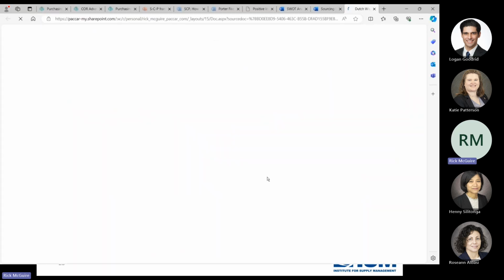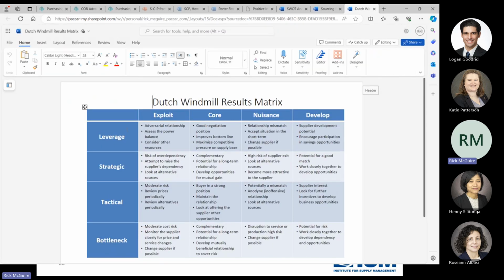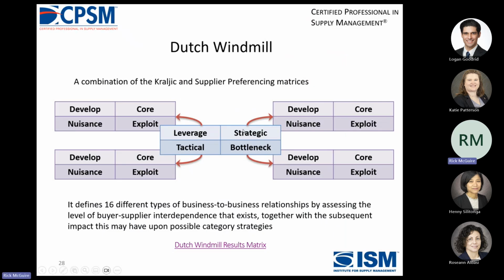And what most of these things do is they try to tell you how to handle the relationship. So leverage and develop: suppliers' development potential, encourage participation in savings opportunities, that type of thing. Again, it's just pointing you in the direction of how you work the supplier relationship.